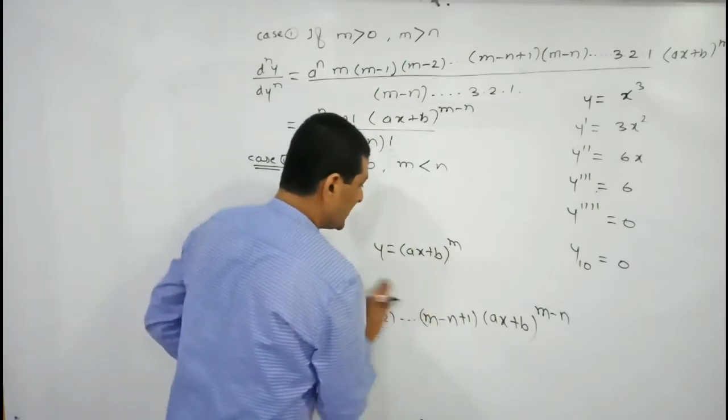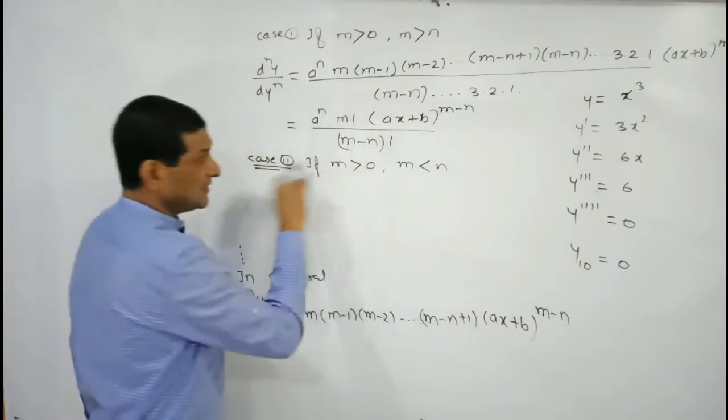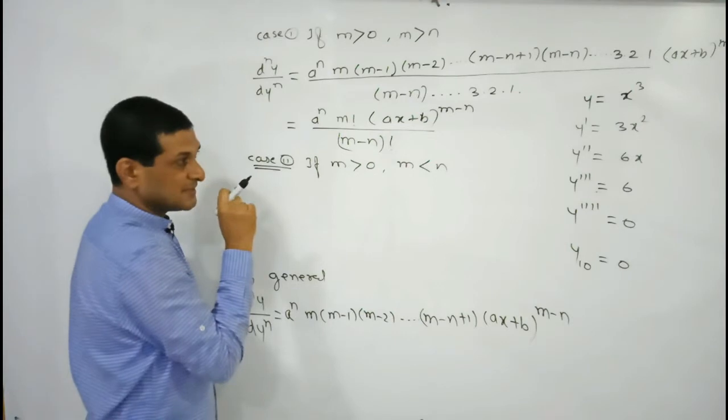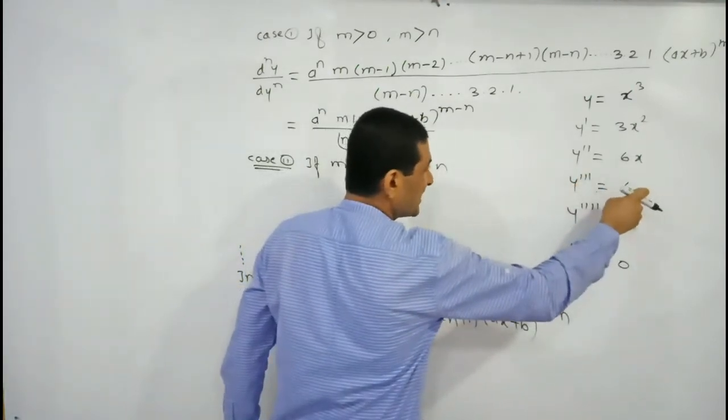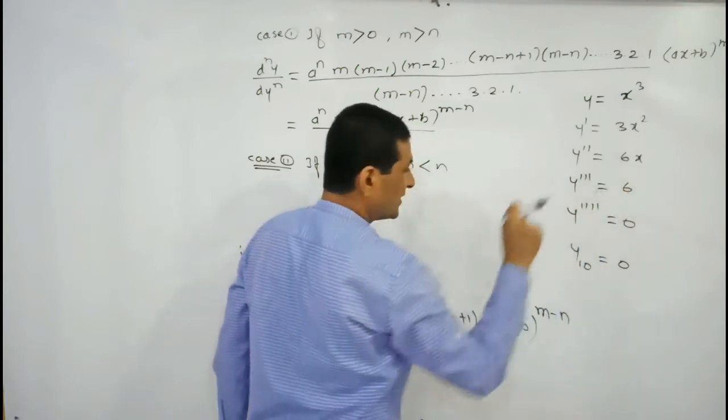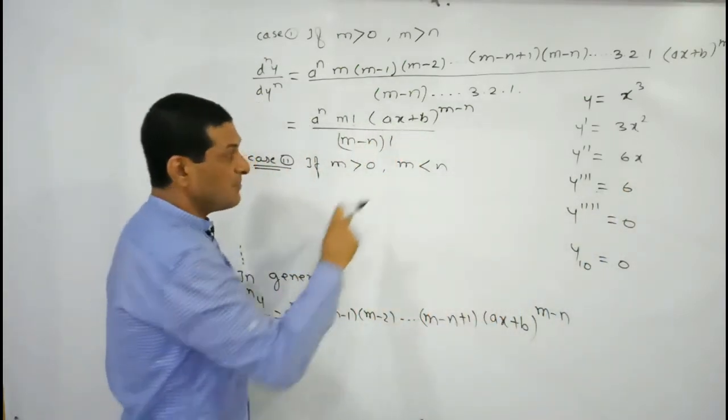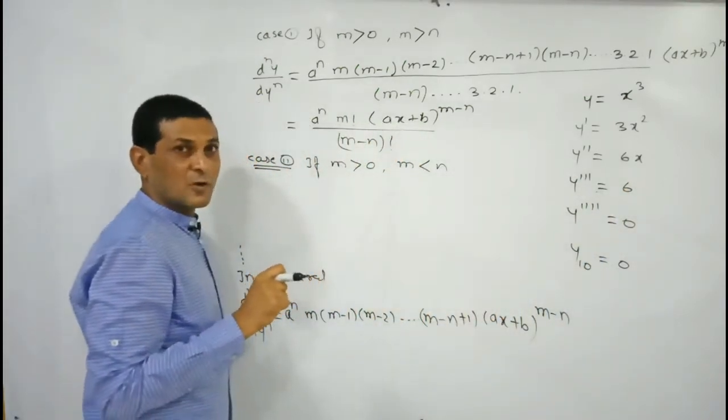So here we can observe that in the case of the third order derivative we are getting a constant, and the fourth order derivative becomes 0. So here also the mth order derivative will be constant.